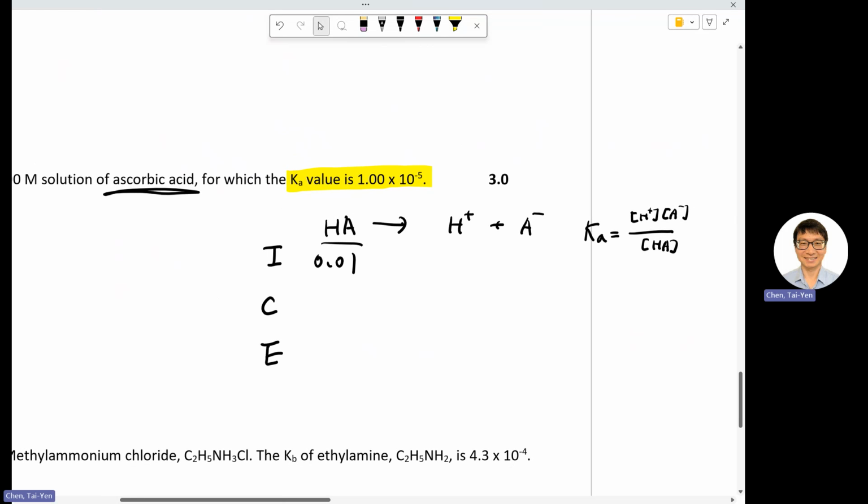Here, you should see that I assume that ascorbic acid is an acid that only dissociates to generate a single proton. Right? I did not say it generates 2 protons or 3 protons. How do I know that? How do I write just H plus, not 2H plus or 3H plus or 4H plus?